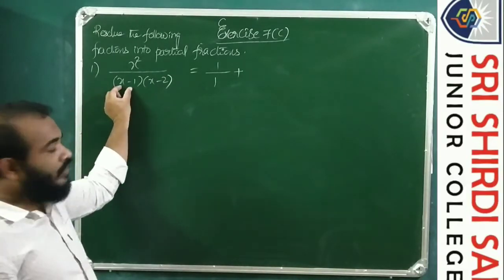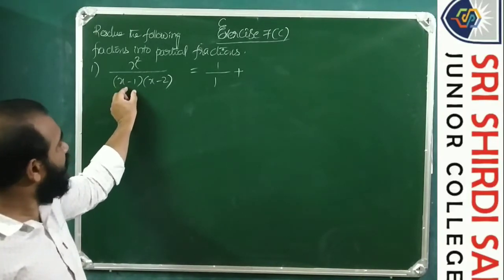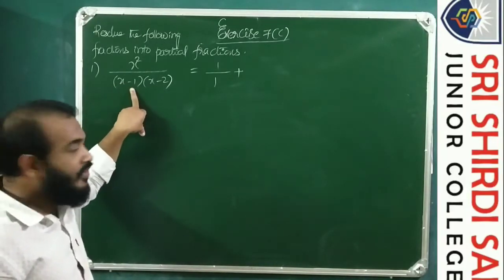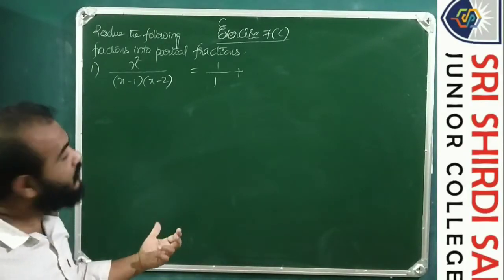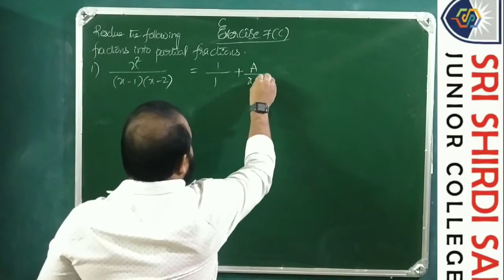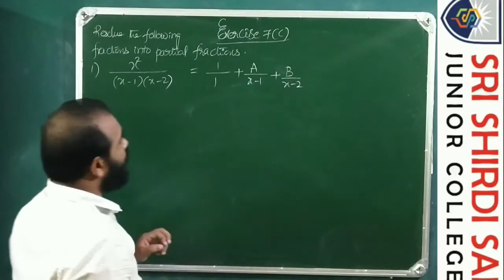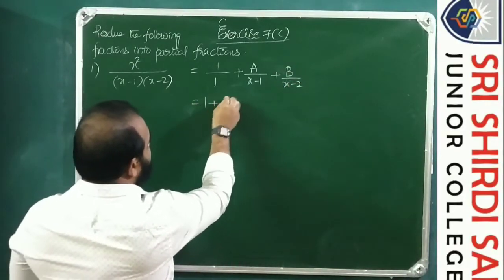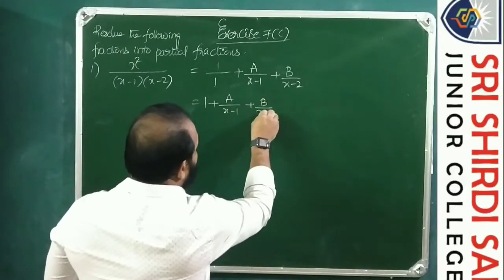So x minus 1 is a non-repeated linear factor, and x minus 2 is also a non-repeated linear factor. So this is equal to 1 plus A by x minus 1 plus B by x minus 2, where this 1 we got by taking the coefficient of the highest degree term in f of x by the coefficient of the highest degree term in the denominator.